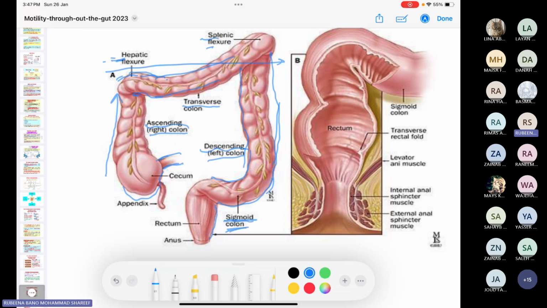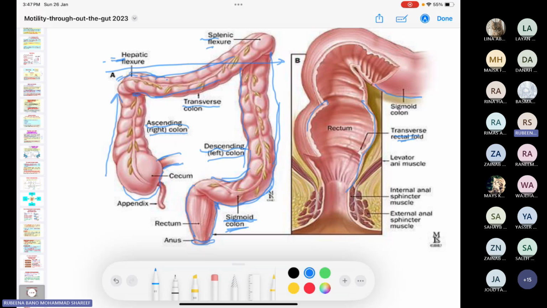And this is the rectum, which is normally empty. Feces is stored in the sigmoid colon. And this is the anus. If you see the cut section, this is the sigmoid colon, and they have shown the transverse rectal folds. This is the rectum.